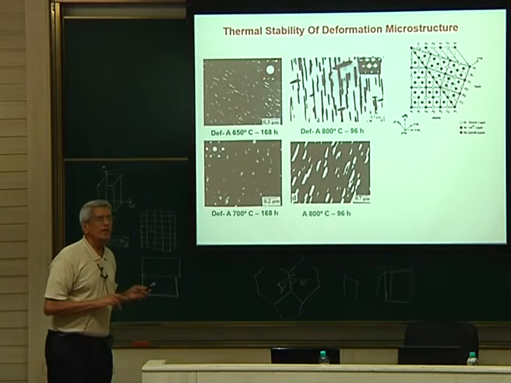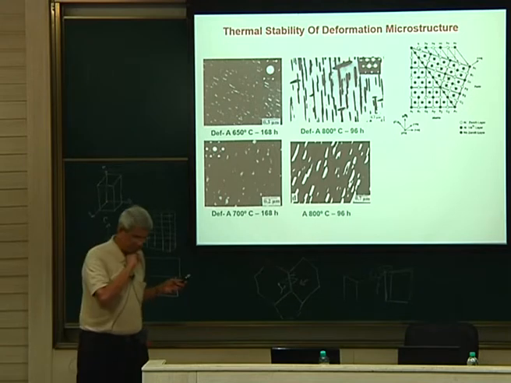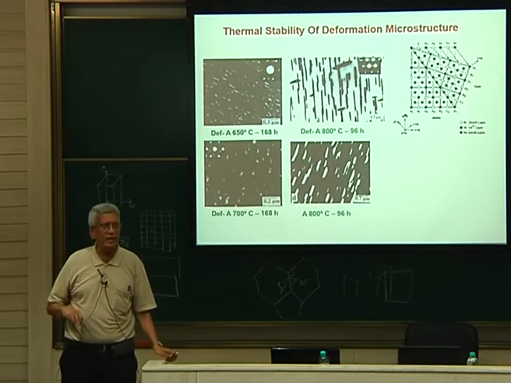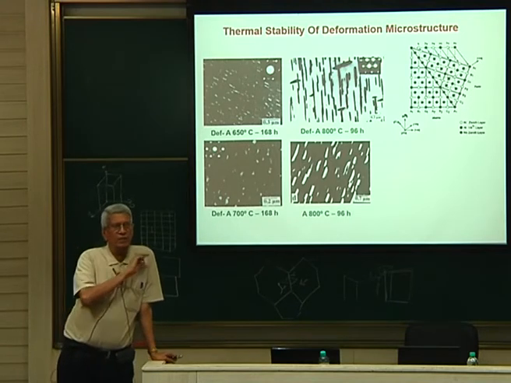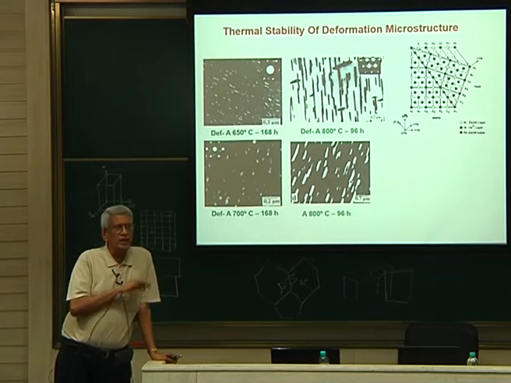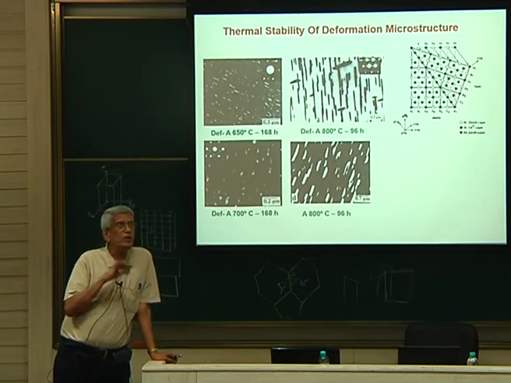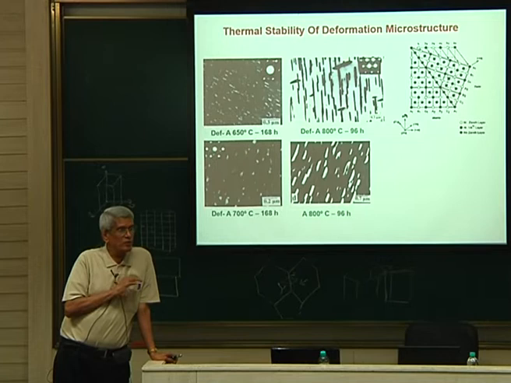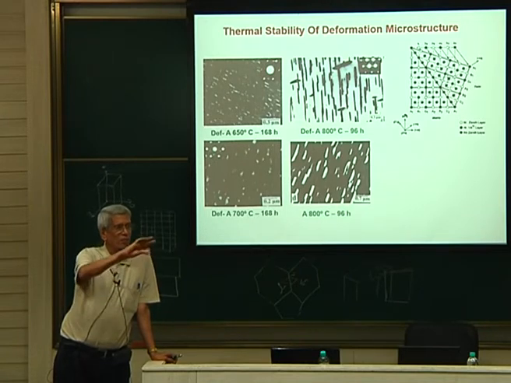In fact, in this 709 material, which has been used as a turbine disc and which has seen service of about 25,000 hours, when it has been seen from up close, they could exactly notice that the same type of mechanism.